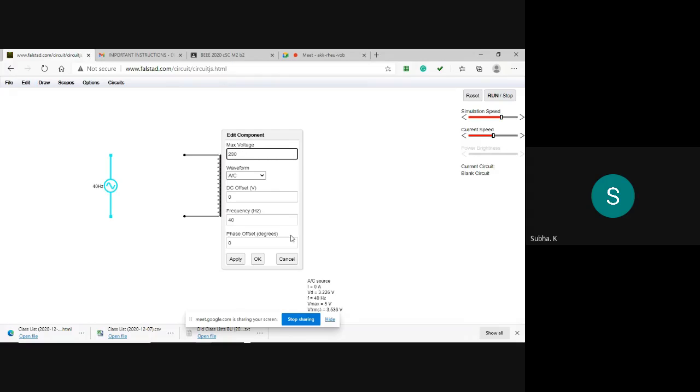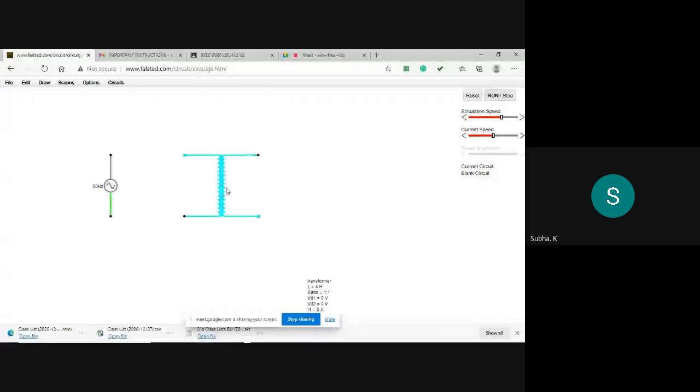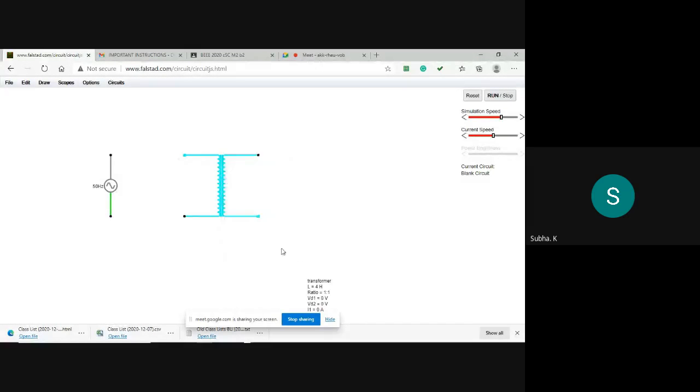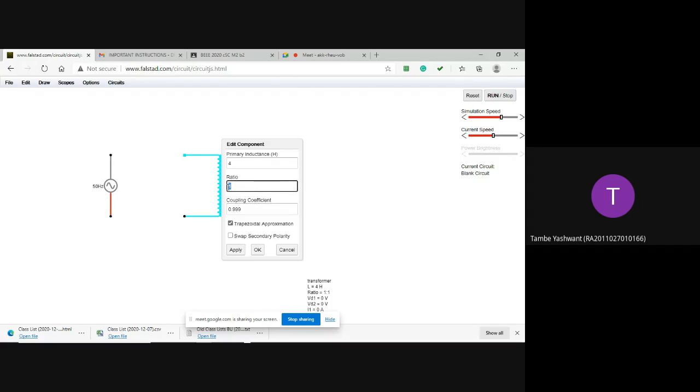Output voltage, 15 I want. What was the turns ratio that I fixed last time? Here, output side, I want 15 volt. What was the turns ratio I kept? It was default, 0.5. Yes, ma'am.